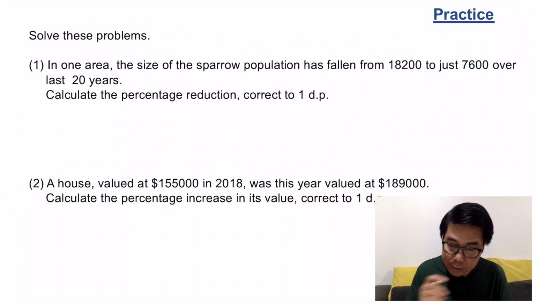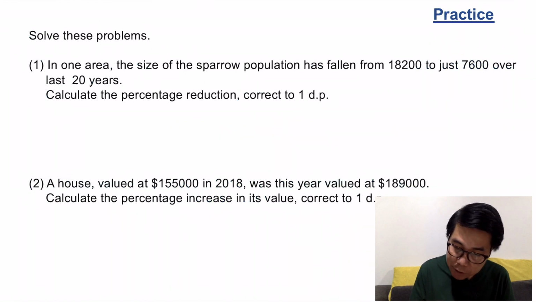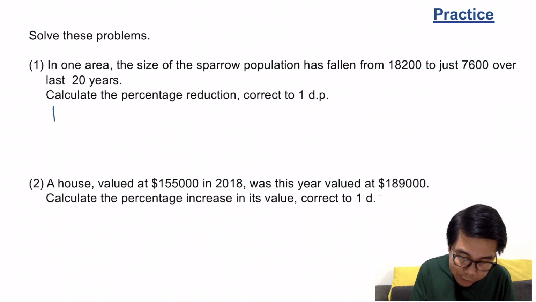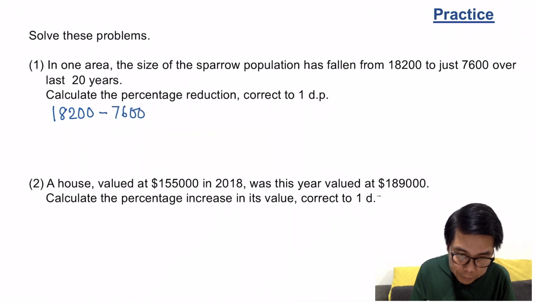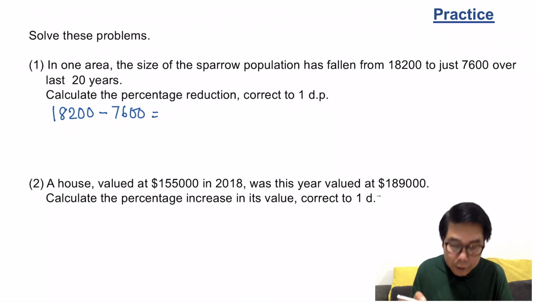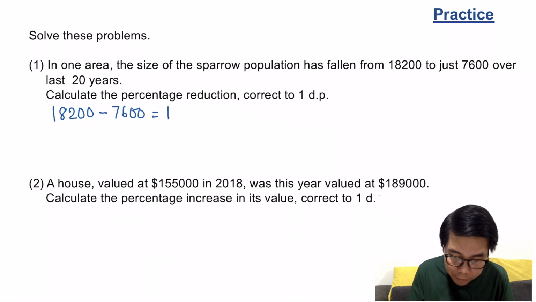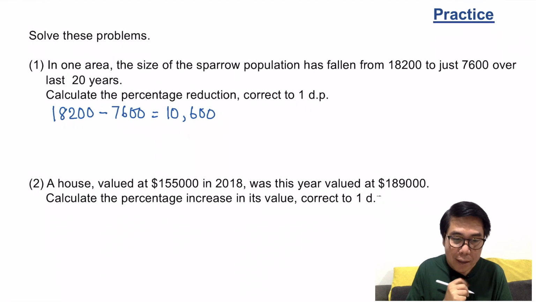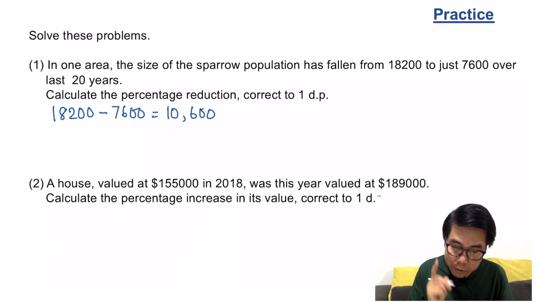First we have to subtract 18,200 minus 7,600. In your calculator, it gives us 10,600.